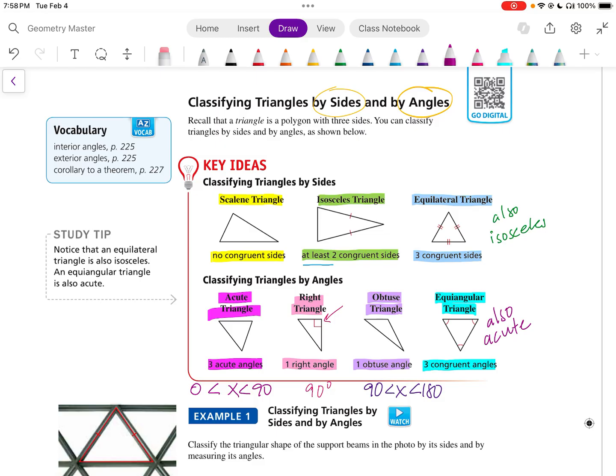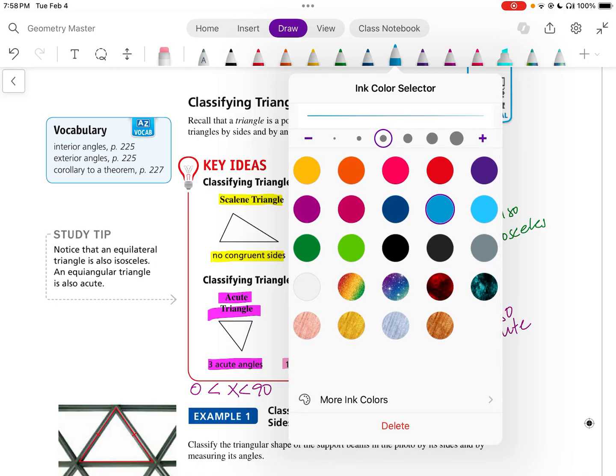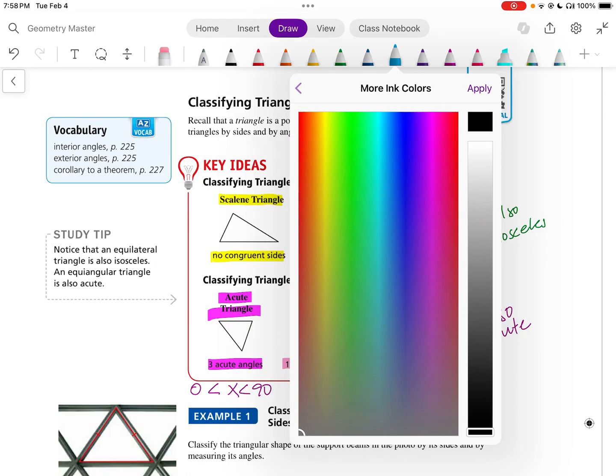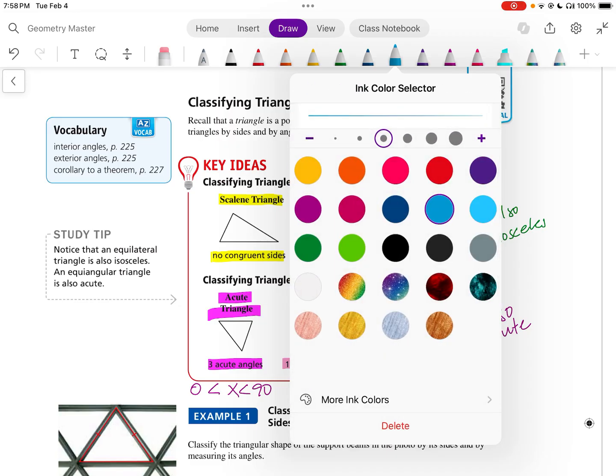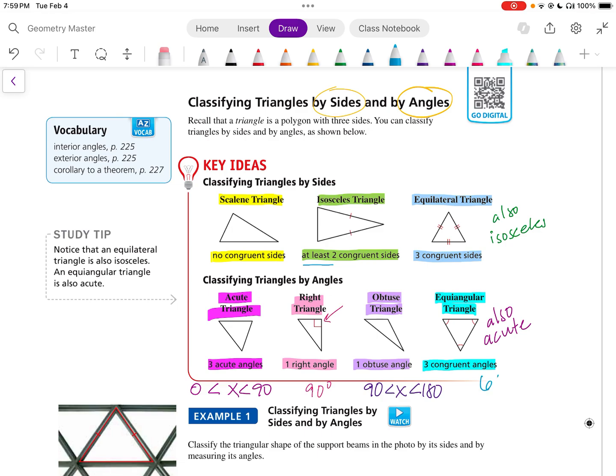If we know the sum of the interior angles is 180 degrees, and we divide that by 3, each angle is going to be 60 degrees, because 60 plus 60 plus 60 is 180. So each angle will be 60.